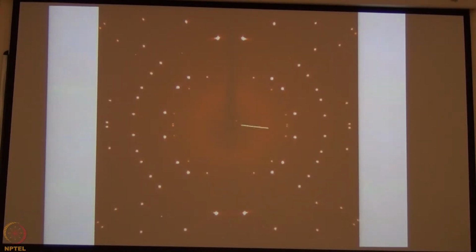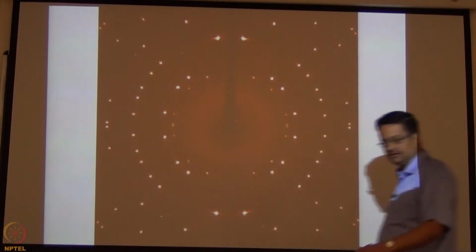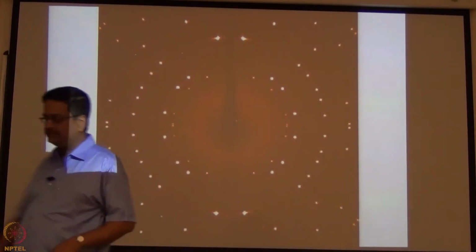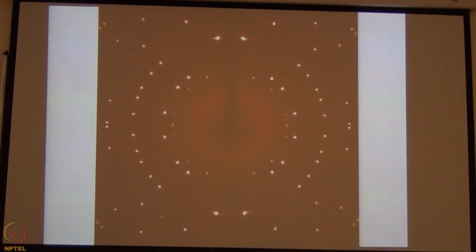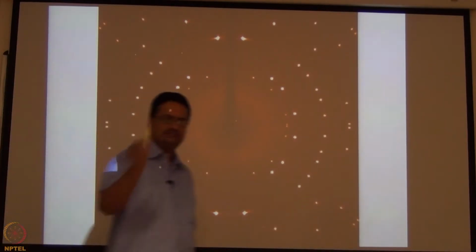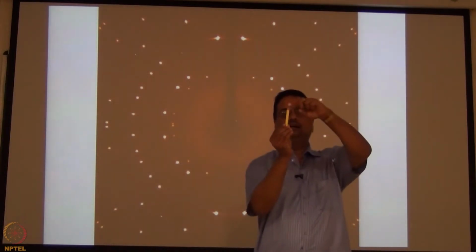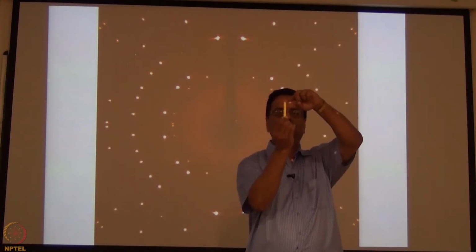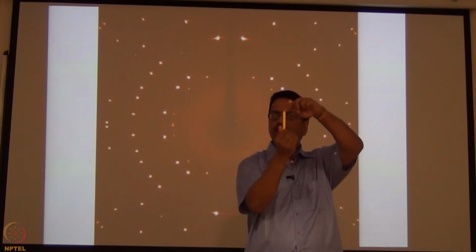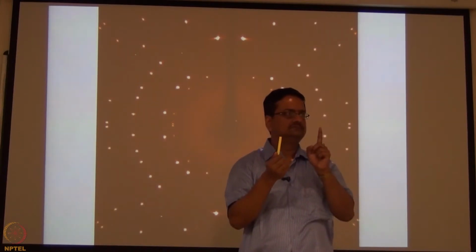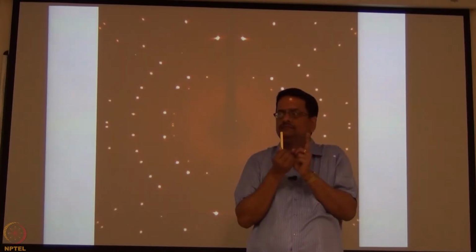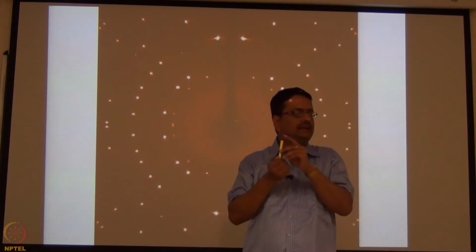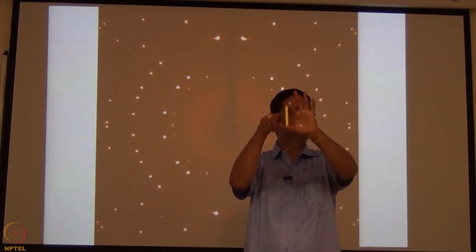These are spots that we have got by rotating the crystal in front of the X-ray beam, a 360-degree rotation in 1 minute. So the crystal was mounted and it is rotated about its axis 360 degrees in 1 minute. What is happening? I don't know which axis is perpendicular to the beam.